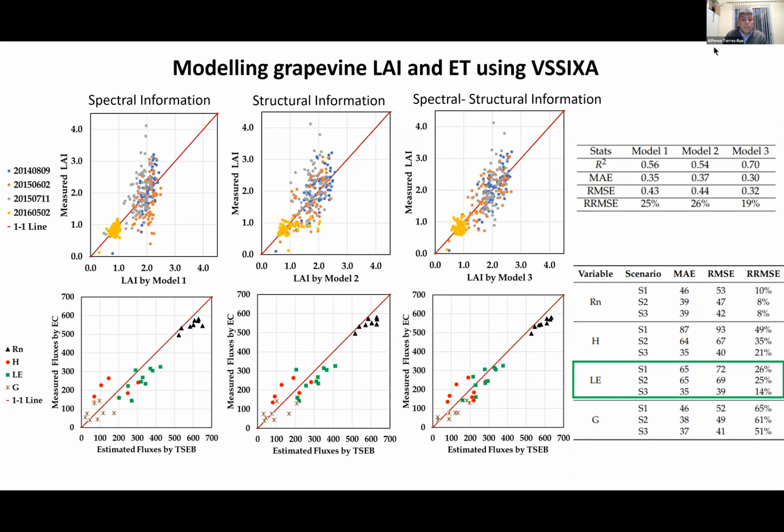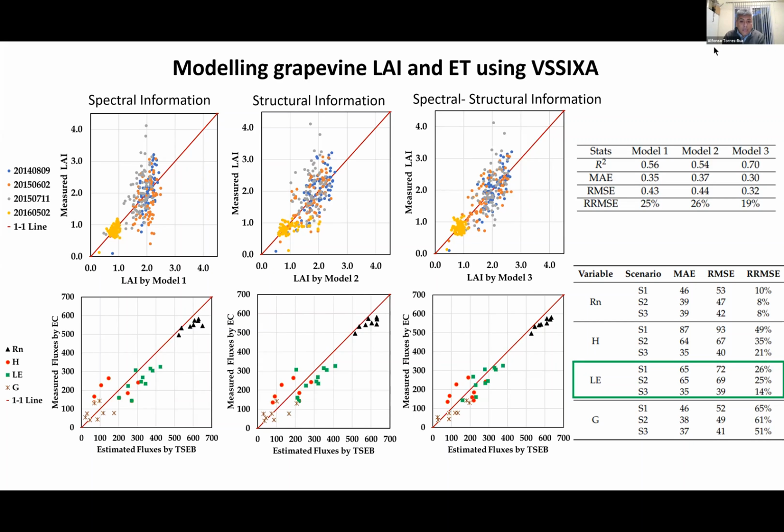Also, using only structural information, we saw an improvement in the LAI modeling. But it is when we combine both of them, structural and spectral information, that we see a better correlation between measured LAI, or ground LAI measurements, and the estimations provided by a model.